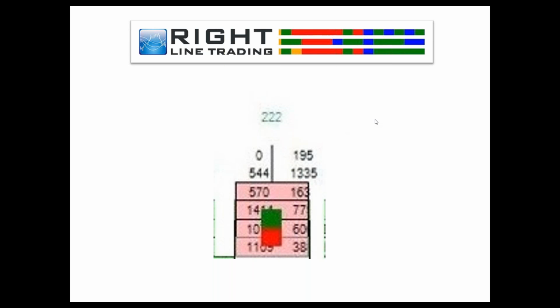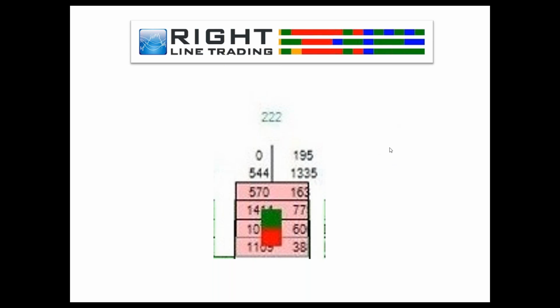I mean, if price is at 100 and the buyers are all waiting for 100.1, but the sellers are not waiting for 99.9, they're willing to take the market at 99.8 or even 99.7, and they're aggressively selling the market.